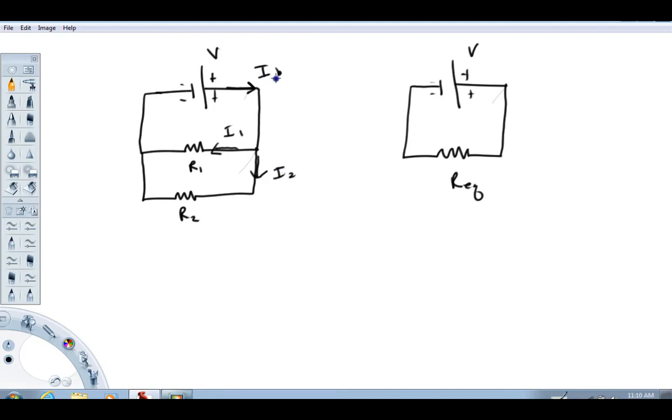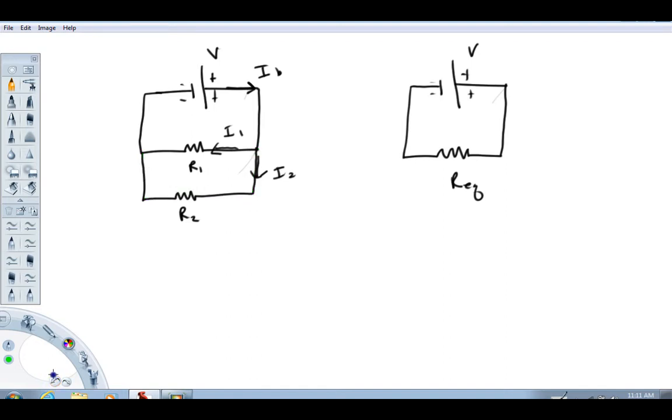This current, IB, the one coming from the battery, if I were to put an ammeter anywhere in green here, all readings would give me current IB. That current is exactly the same anywhere in this branch of the circuit. If I were to put an ammeter anywhere in this part of the circuit, I would be measuring I1. And anywhere in this part of the circuit, I would be measuring I2.